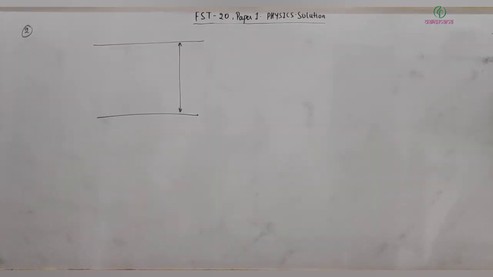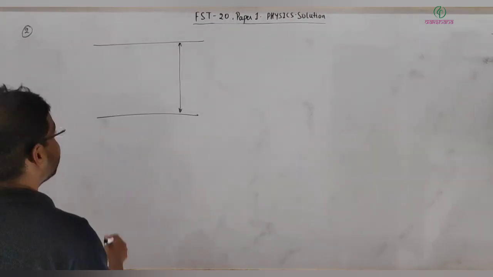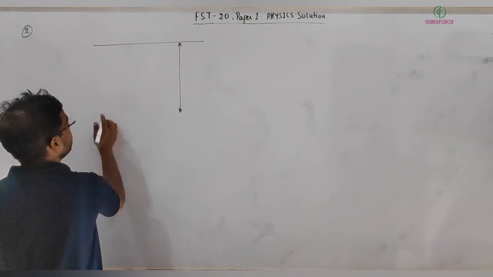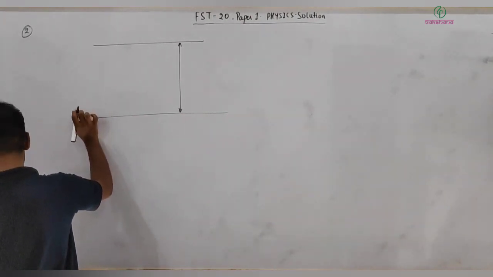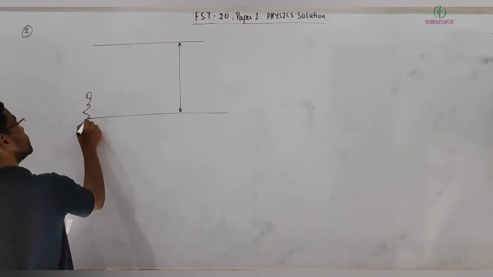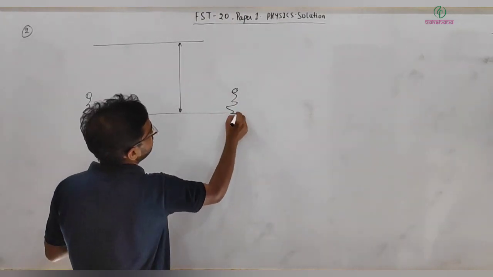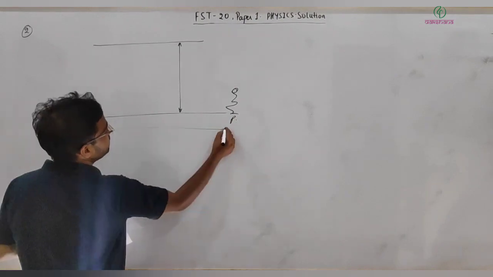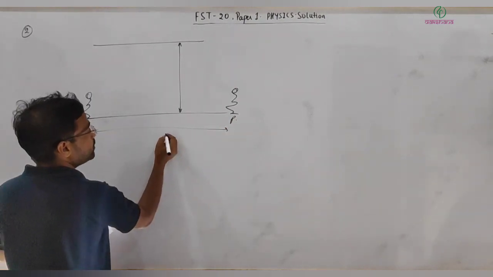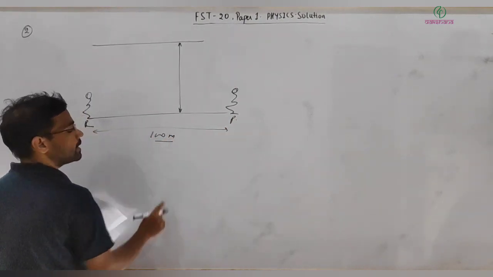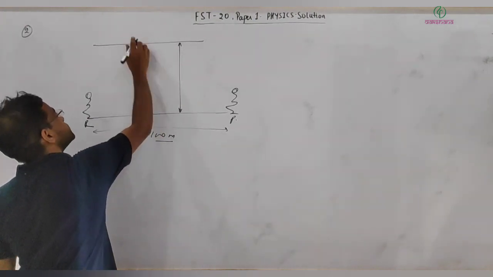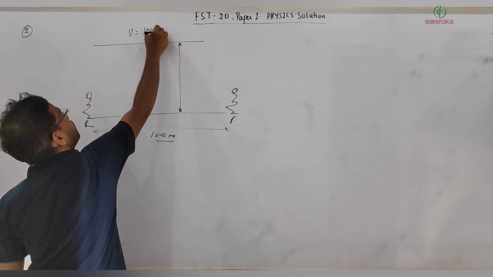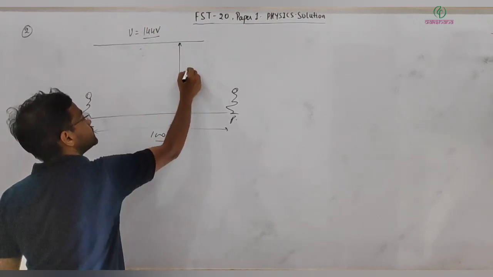Next, the last question, question number 2, section 3. Here there is one policeman and another is a robber, and they are in a dark hall, 100 meters apart. There exists a potential difference of 144 volts, and this is 8 meter height.